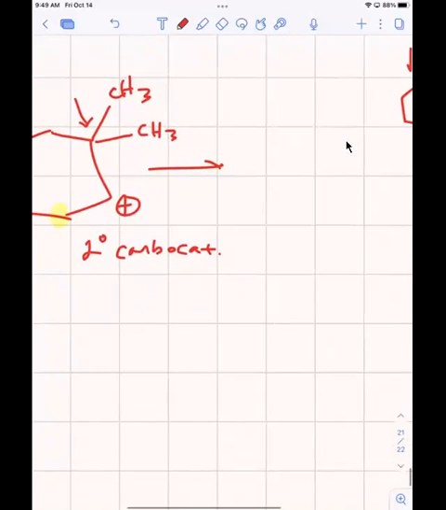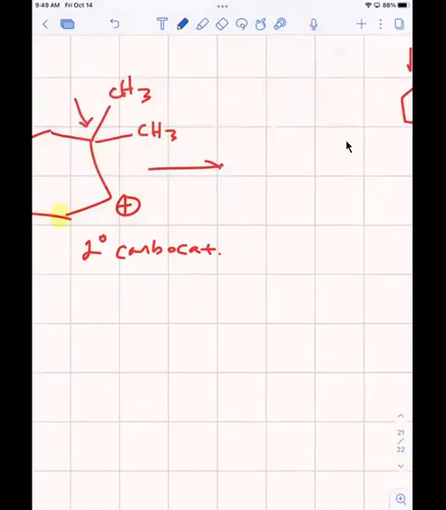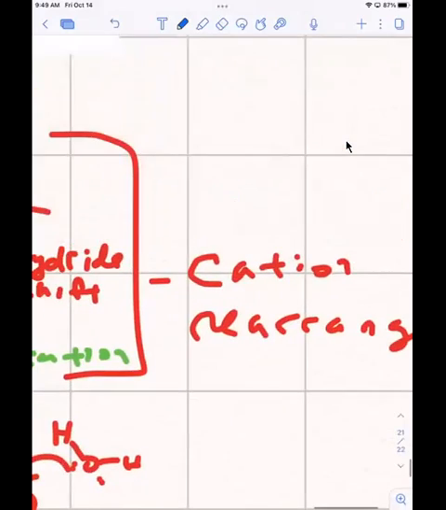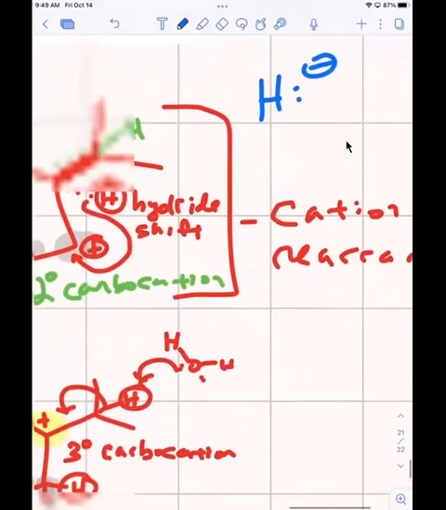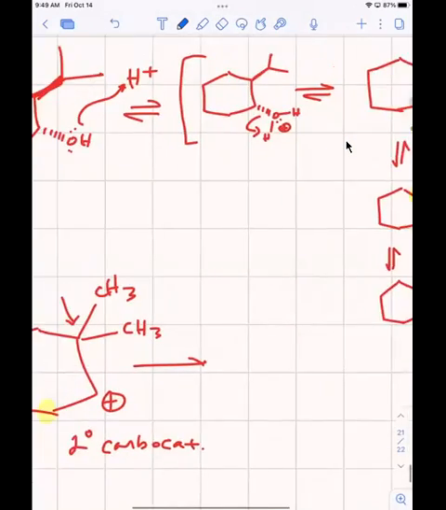Right, so just like we can do a hydride shift, we can also do what's called a methyl shift, the whole methyl group. And let me clarify up here. So a hydride is hydrogen with 2 electrons and a negative charge. So when we move that hydrogen, you notice the arrow starts in between the bond because it's the hydrogen and the electrons moving. So a methyl shift is going to be the same way, right?